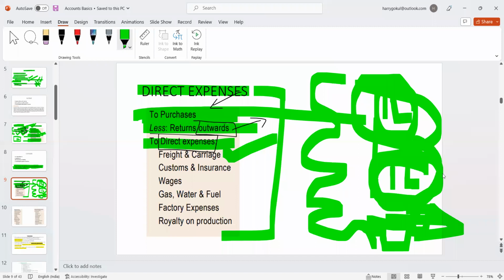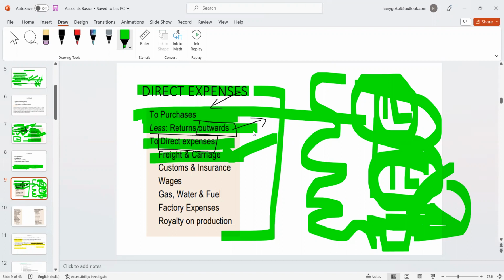So right now, 1,20,000 is the expense which I incurred to bring the product to my location. It includes carriage inward: I carried the product and brought it to my organization inwards. Okay, I sold a product to Sangeeta. She asked to deliver the product to her home. That's carriage.